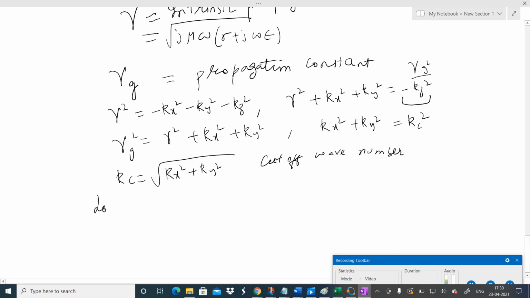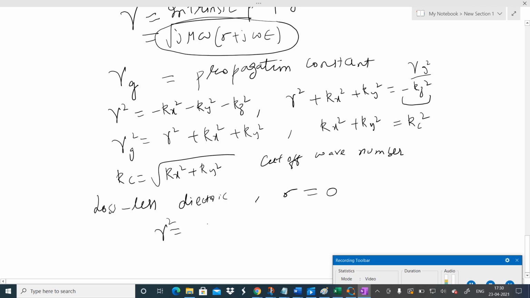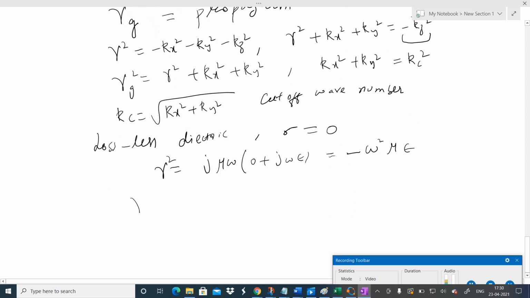The reason for calling this will be clear soon when we define the cutoff frequency. And let's consider the lossless dielectric. In lossless dielectric, sigma is 0, so in this equation you put sigma equal to 0, so gamma square will be equal to j omega mu times 0 plus j omega epsilon, which will be minus omega square mu epsilon, and hence gamma g square will be equal to gamma square, that is minus omega square mu epsilon, plus kc square.